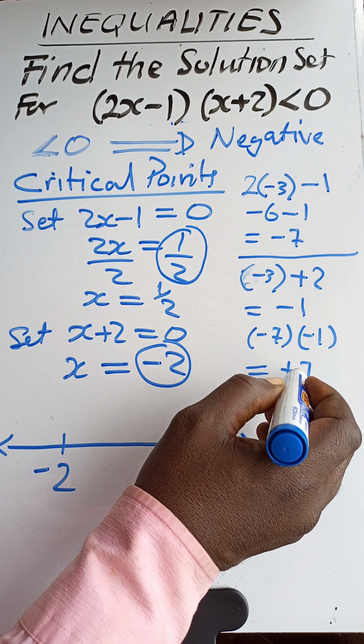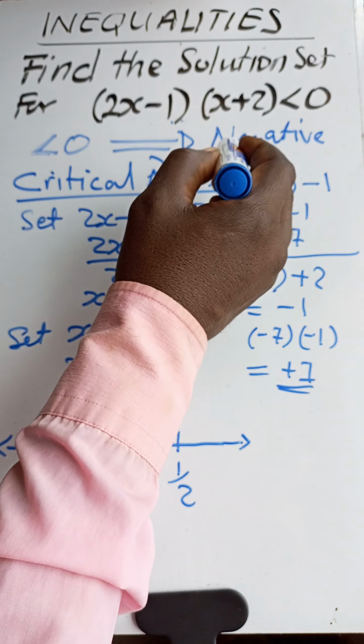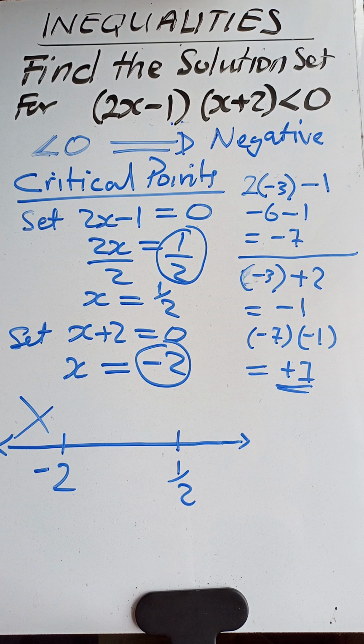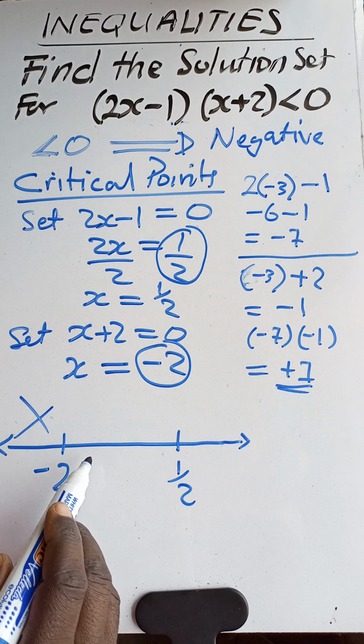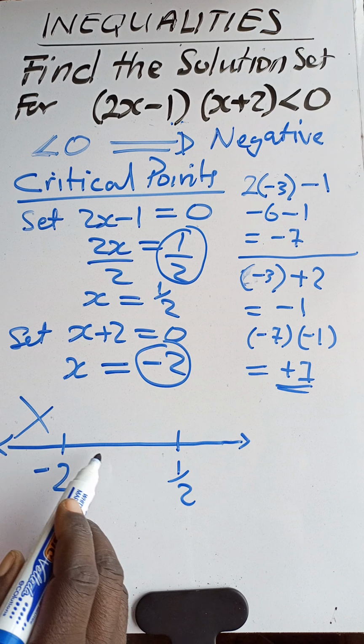So our result is positive, but we are interested in less than 0. Less than 0 means negative. It means this zone does not carry our solution set. This zone is disqualified.